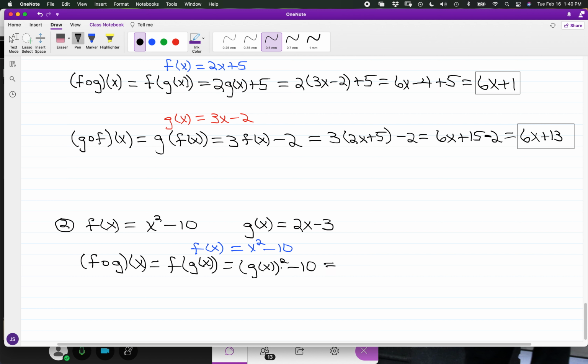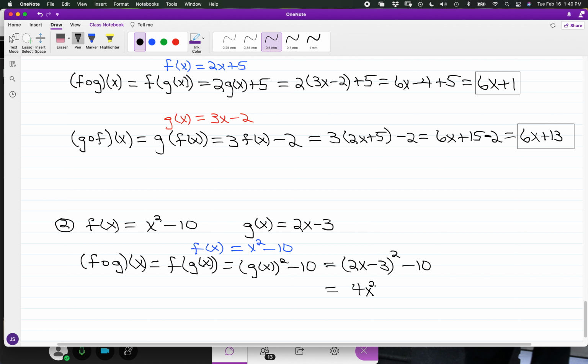And now for g of x, now for what that is going to be specifically, we're going to have 2x minus 3, that is going to be squared, and 10 will be taken away. Now 2x minus 3 squared, again, that's going to be 2x minus 3 times itself.